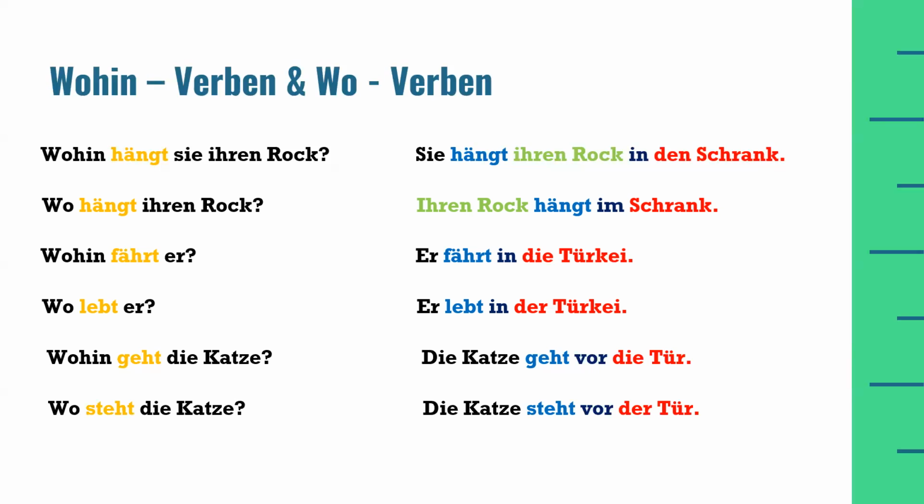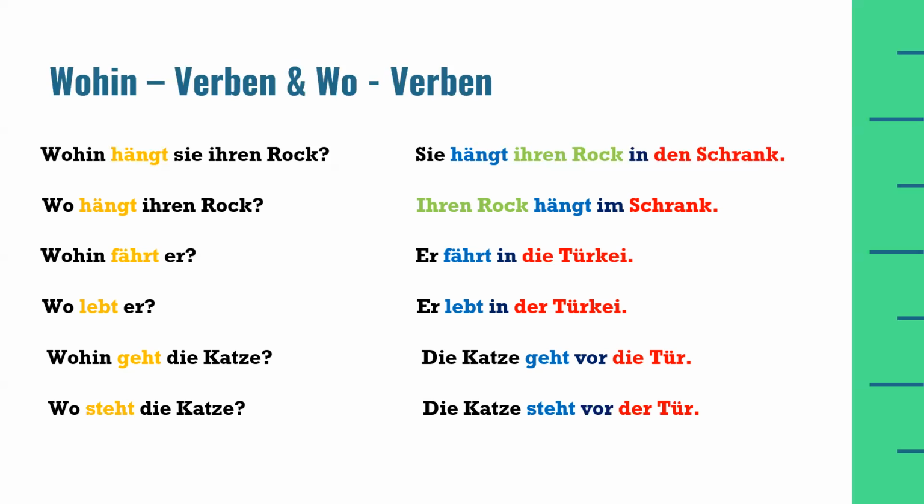Wo steht die Katze? Where does the cat stand? Now, in this sentence, there is no movement. We are simply asking where the cat stands. And when the cat stands, then there is no movement. So we start the question with the question word wo, and we use the verb stehen. In the answer, die Katze steht vor der Tür.